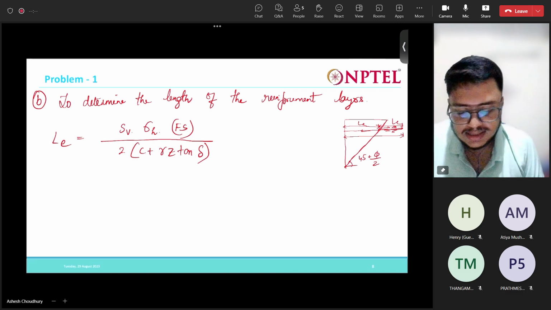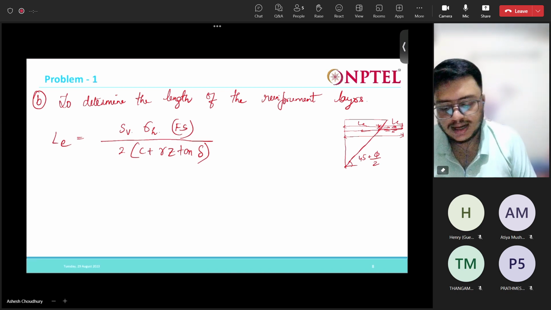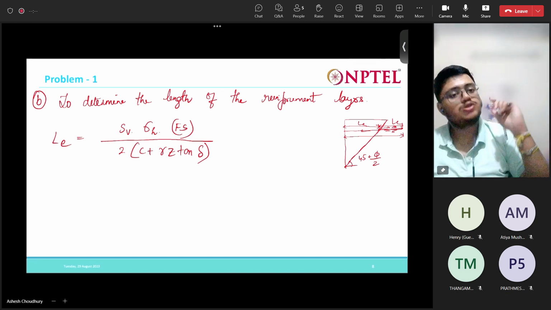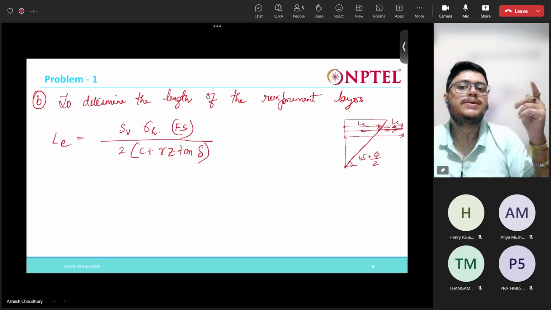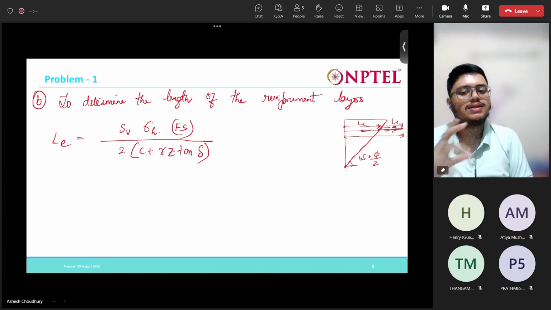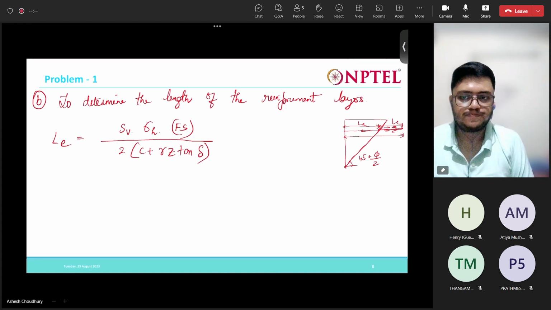So this 2C plus gamma Z tan delta into LE, delta is nothing but the friction angle between the reinforcement and the soil. That can be determined from shear box test. Okay, that we need to determine from shear box test. So this twice C plus gamma Z tan delta into LE is nothing but that shear force that is mobilized.